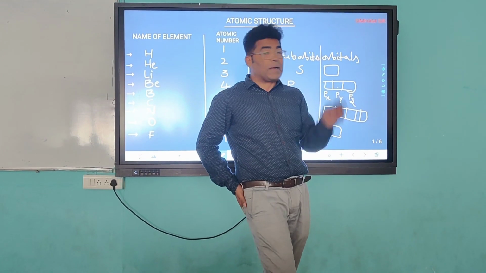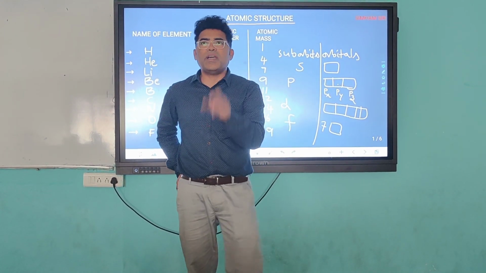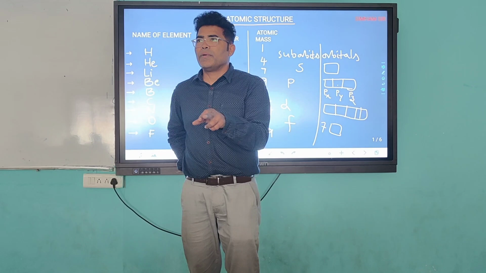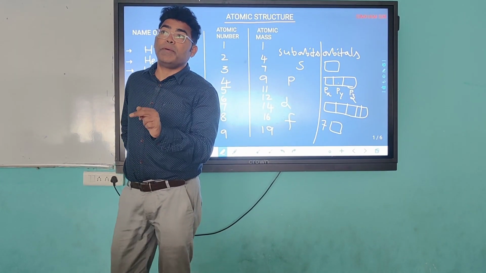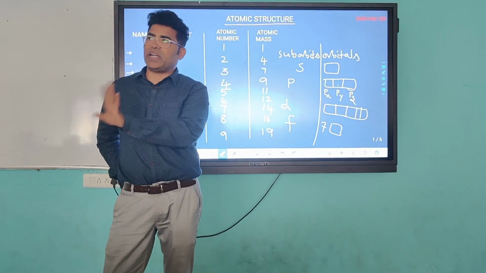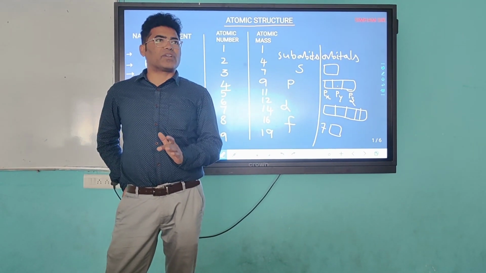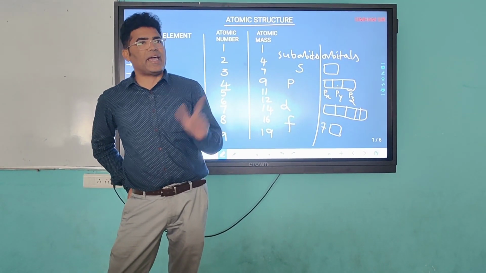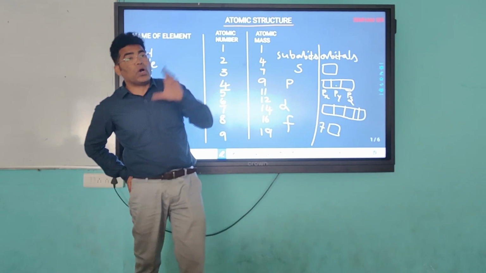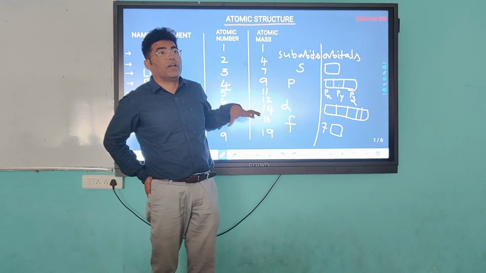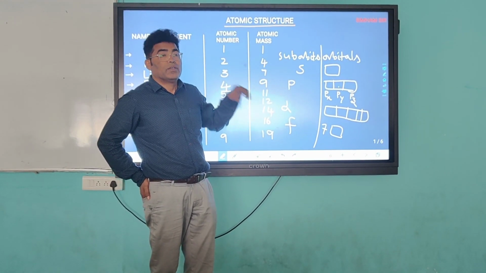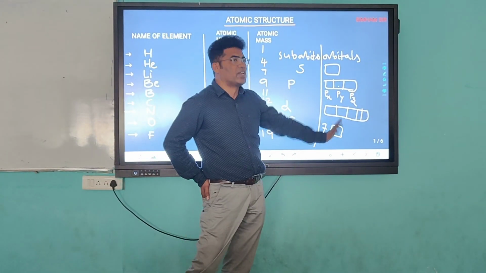But maximum electrons in a d orbital, 2 is the right answer. So don't take suborbit and orbital as the same. A suborbit is a combination of orbitals.